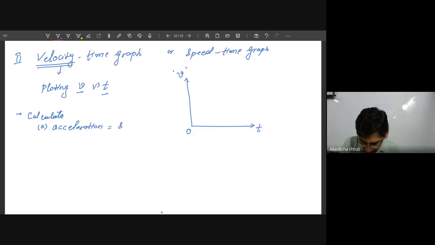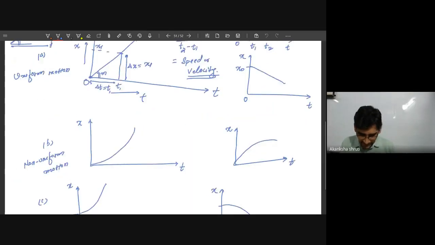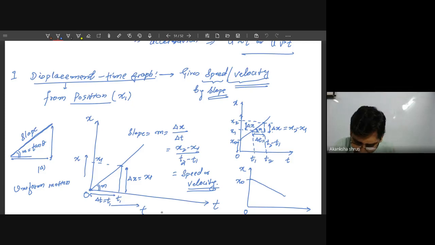Acceleration of a body is given by the slope, like the slope of the distance time graph gives the velocity, the slope of the velocity time graph gives the acceleration. Okay, student? So it is the slope of the velocity time graph. This you have to keep in mind. Let us once again compare with the previous one. Student, here we were writing this slope. This slope is of the xt graph.